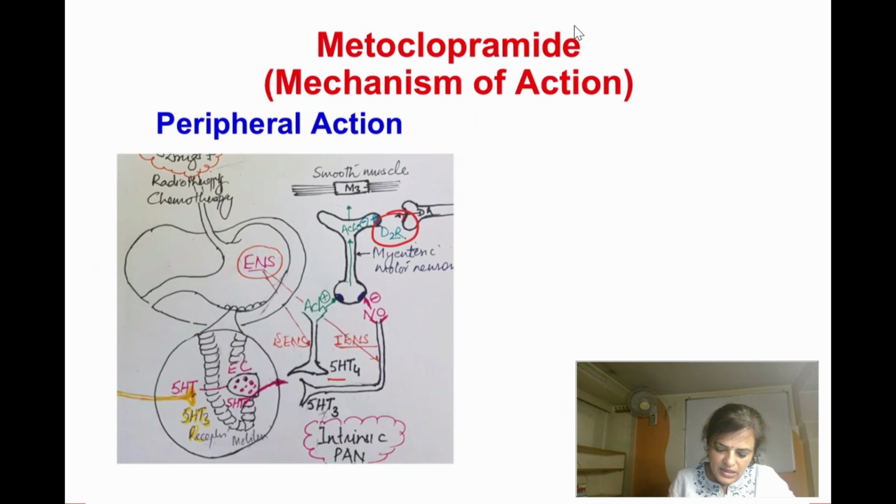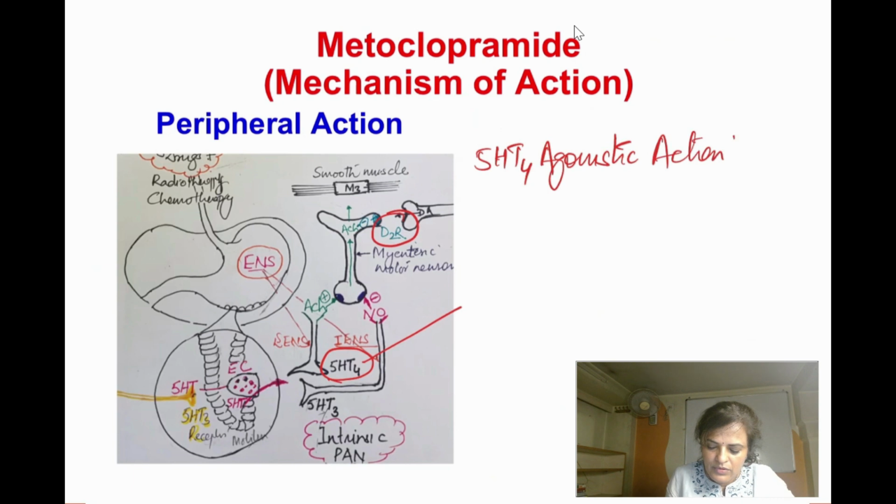Second, it also shows 5-HT4 agonistic action. Now, what is the 5-HT4 agonistic action going to do? It is going to stimulate the excitatory neurons, causing the release of ACh, and again it is going to cause contraction of the GIT.